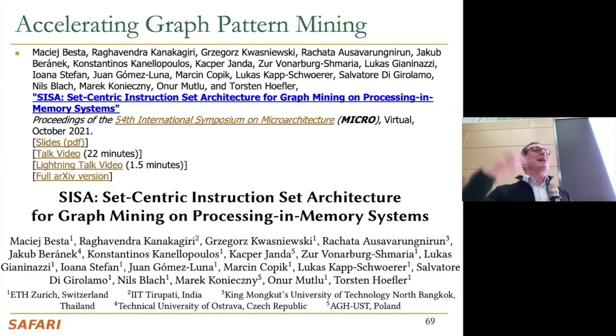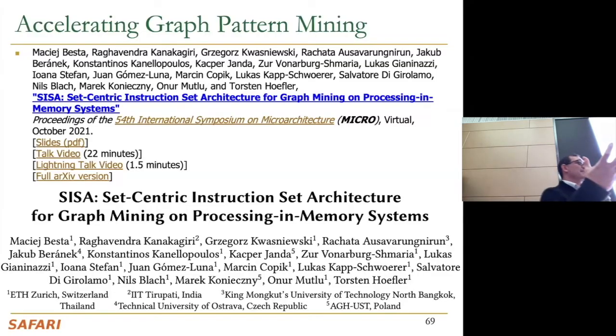Okay, so we actually do more work in this area, which is very interesting. If you change the algorithms and specify them in a set-centric manner, and change the instruction set architecture such that sets are a first-class data structure, you can express a lot of graph algorithms using sets. And sets are very nice to accelerate in hardware because they're bitwise operations.